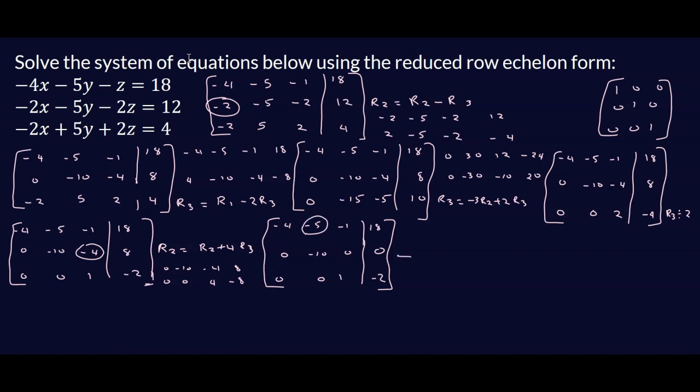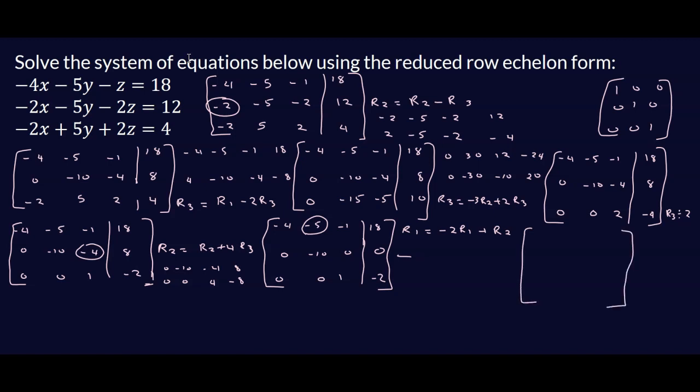So we're going to say row 1 equal to -2 row 1 plus row 2. Okay, so we're dealing with just row 1.